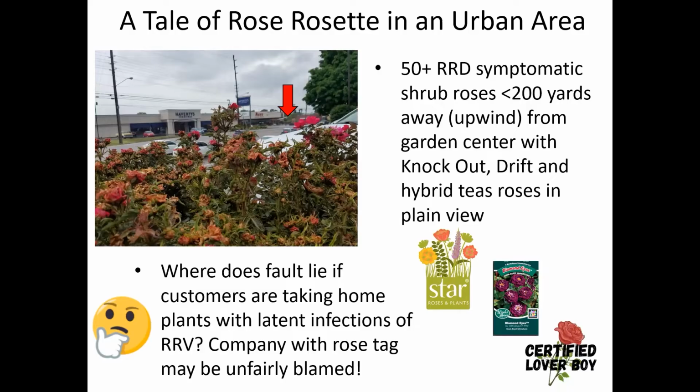So when the virus does show up, when symptoms do become apparent, the customer is likely going to say, well, it's a Star Rose and they were selling plants with virus. No, the virus got on them at the garden center. Okay, but how do you prove that?